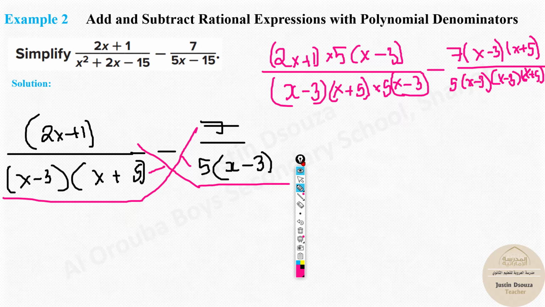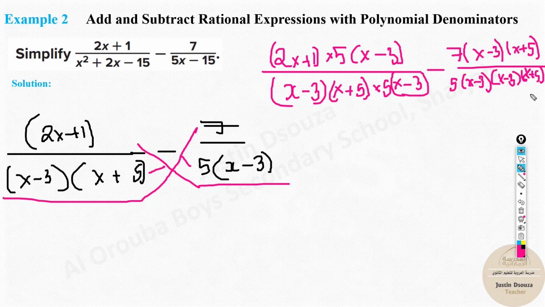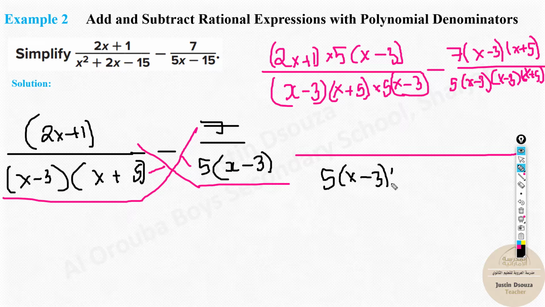Now these are the terms, and now here you can see the denominator is all the same. So let's write it all together. Here this denominator is the same, right? So over here it will be 5 x minus 3. I will not write it x minus 3 whole square because it might get cancelled. Let us see now. This is again x minus 3.